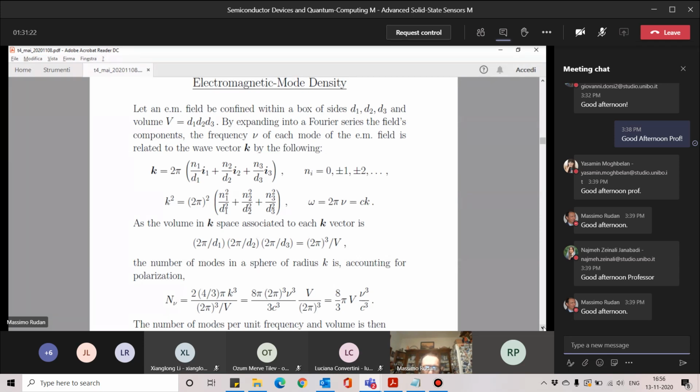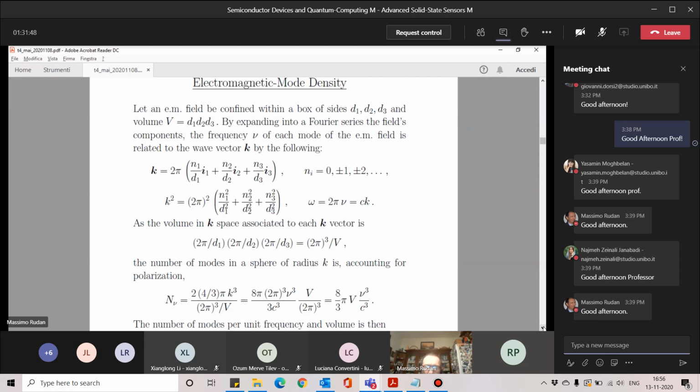Then we know that the electromagnetic field in the cavity must be finite for physical reasons. Otherwise, we would have an infinite energy of the electromagnetic type inside the cavity. So we can expand the electromagnetic field into a Fourier series, okay?